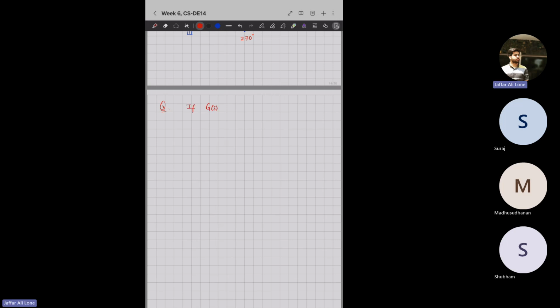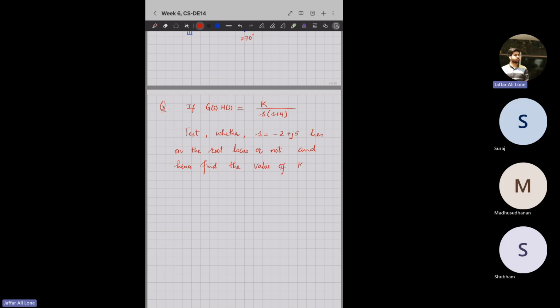If G of s, H of s, the open loop transfer function, is equal to k divided by s into s plus 4, then test whether s equal to minus 2 plus j5 lies on the root locus or not, and hence find the value of k.